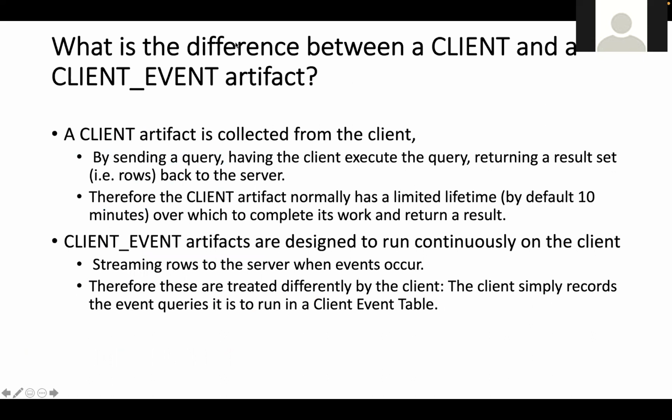We were talking about the difference between a client artifact and a client event artifact. The client artifact was what we did first with the Log4J. You just send a VQL query down to the client for a particular collection.